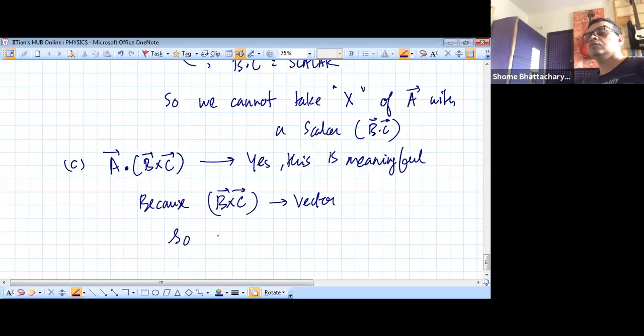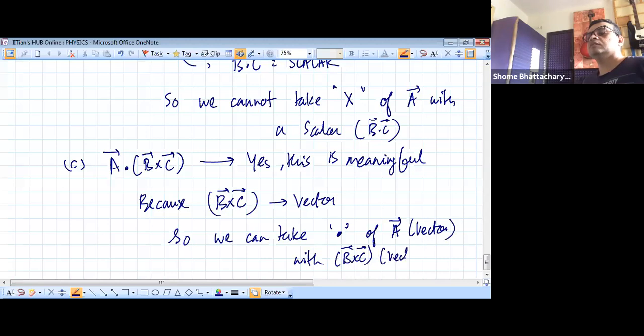So we can take the dot product of the vector e with the vector b cross c, because this is a vector and this is a vector. So it makes sense.